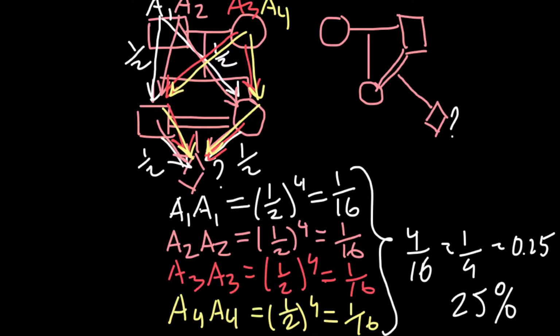And once again, imagine the genotypes of the parents here would be A1, A2, and say A3 and A4.